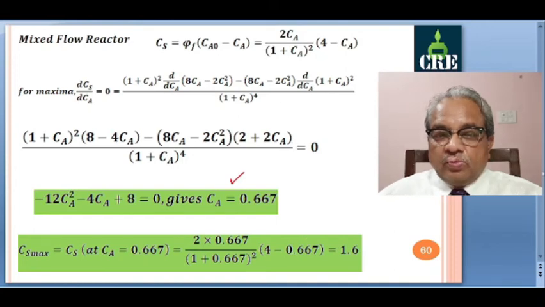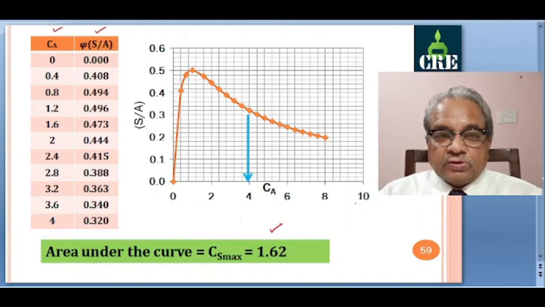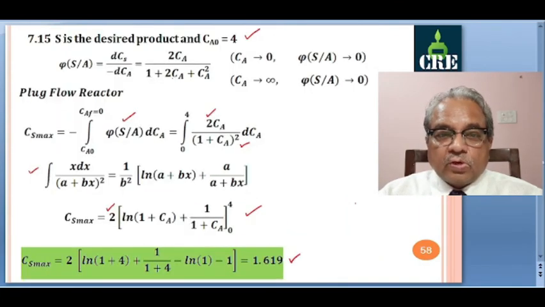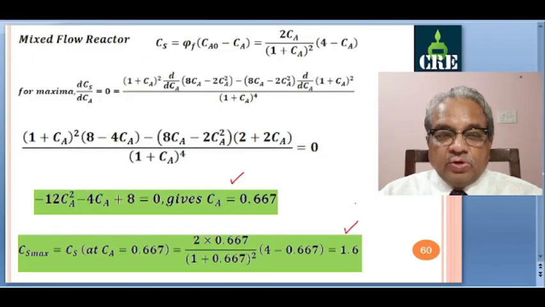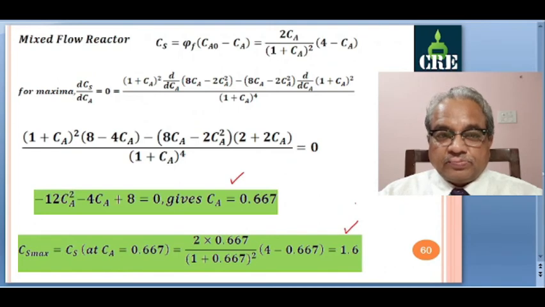So here 0.667, 1 plus 0.667, this is whole square, 4 minus 0.667. So this you get as 1.6. So plug flow reactor and mixed flow reactor give almost similar values for CS max.